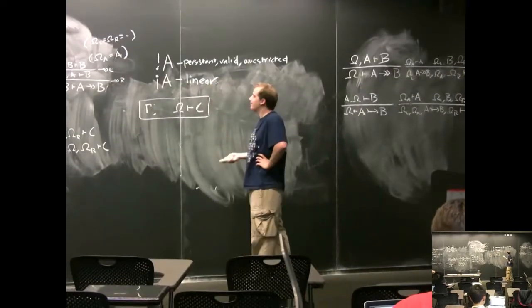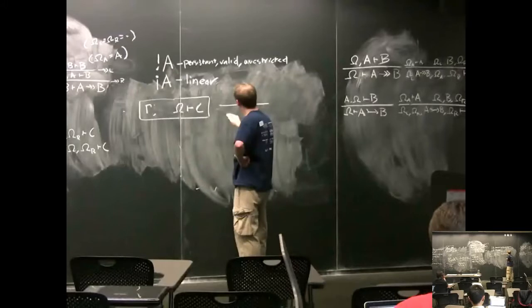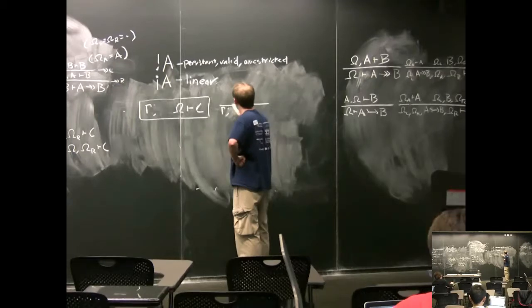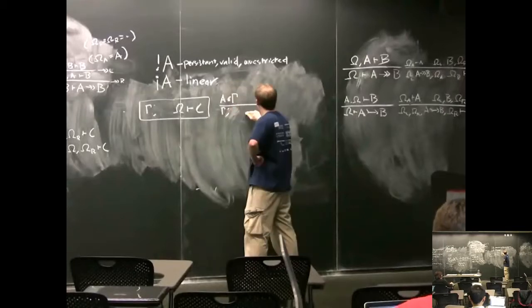So we need an analog to the copy rule that we had before, because that's the thing that really hooks in the persistent resources. So what do we want the copy rule to look like? To be careful, let me write A is in gamma.